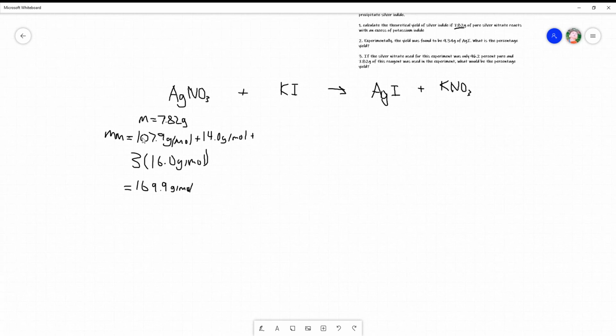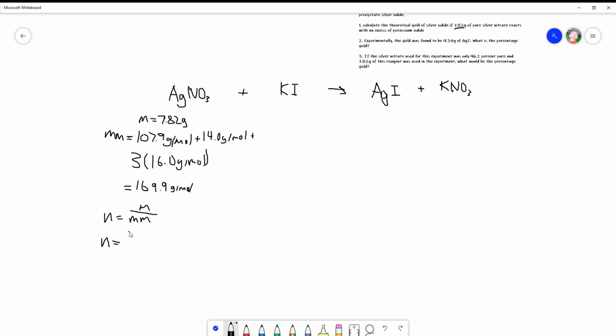Now, with these two pieces of information, we can now calculate the number of moles. And this can be calculated with the formula n equals m over M, or in other words, number of moles equals mass over molar mass. And all we have to do is just plug in the numbers.